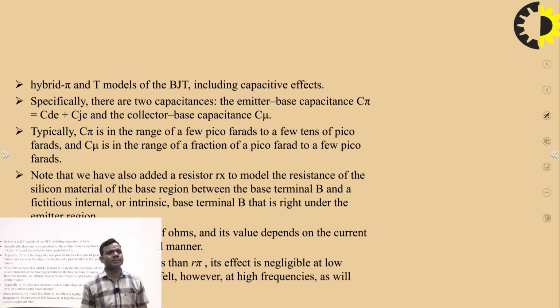C pi is in the range of picofarads to a few tens of picofarads, and C mu ranges from a fraction of a picofarad to a few picofarads. Rx is in the range of a few ohms, and its value depends on the current level in a somewhat complicated manner. And R pi, we all know what R pi is.